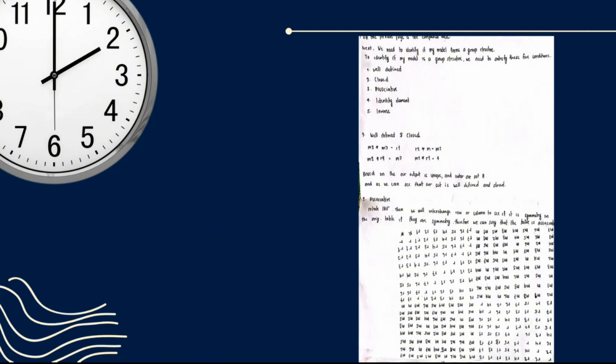Next, we need to identify if my model forms a group structure. To identify this, we need to satisfy these 5 conditions. First, we need to identify that my model is well defined, and second, closed. Third, is it associative?